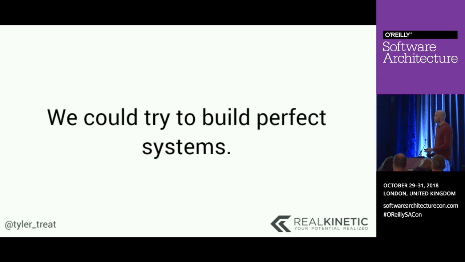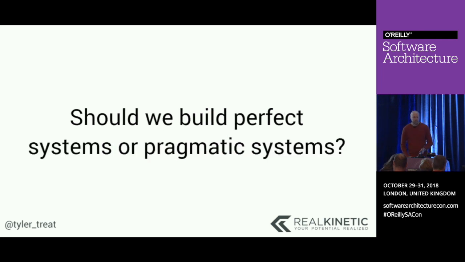And so we could try to build perfect systems that never fail. We could spend a whole bunch of money and try to get the reliability we want. But really the question is, should we build perfect systems or should we build pragmatic ones? And when it comes to the business, the latter is probably the wiser choice.